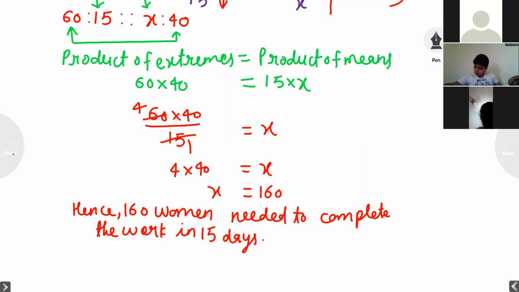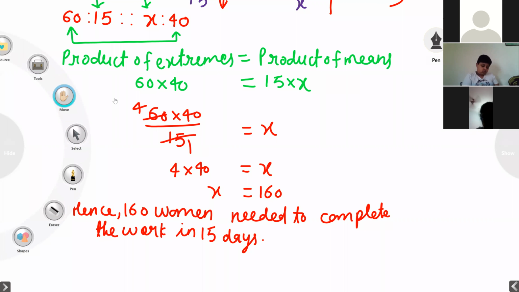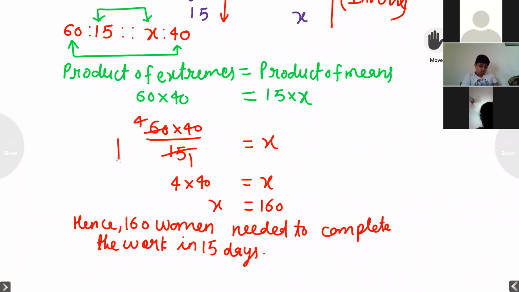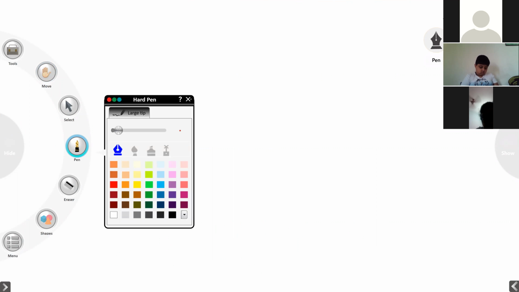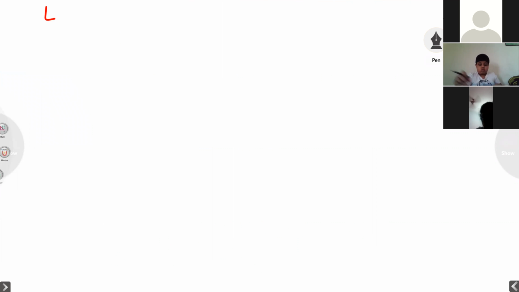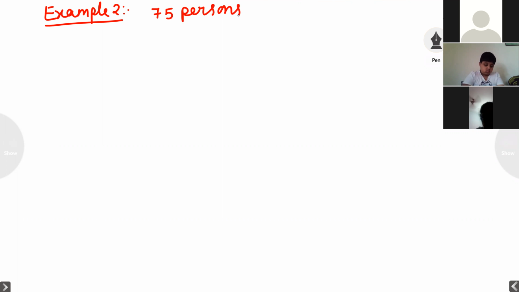Example 2. 75 persons consume a bag of corn in 3 days.